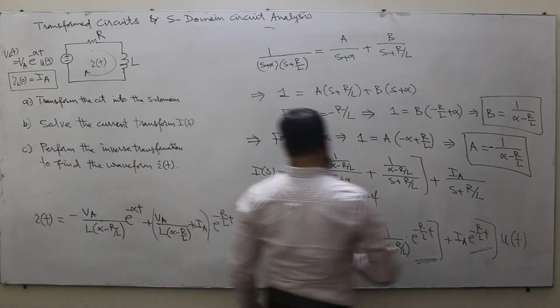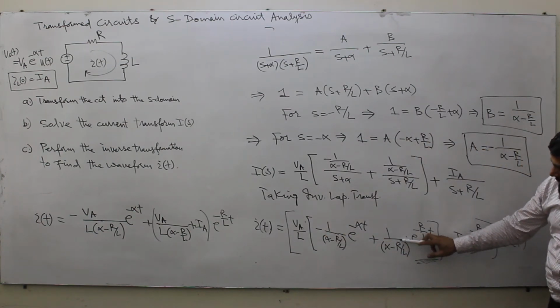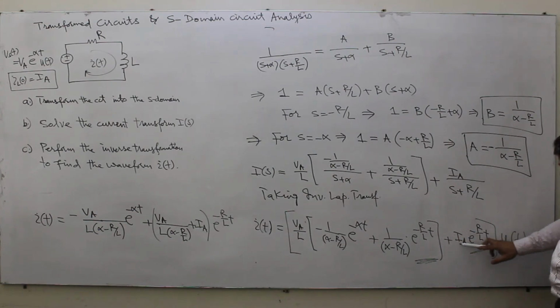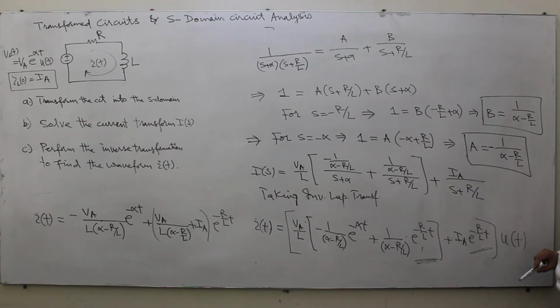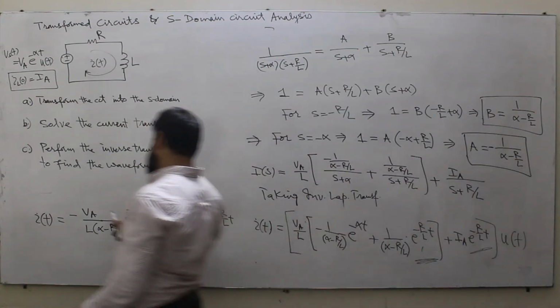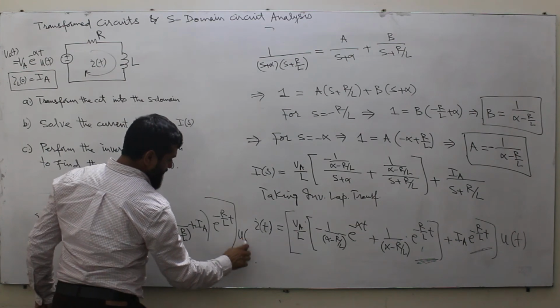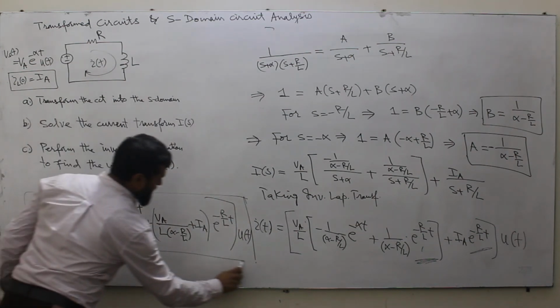So this is VA over L into alpha minus R over L, and then plus IA, and this one is the same coming outside of this one, and we can whole multiply it with the u of t. We can also write it in this form.